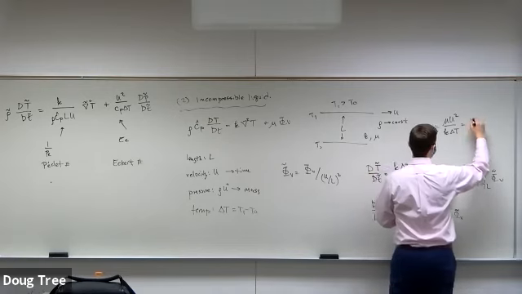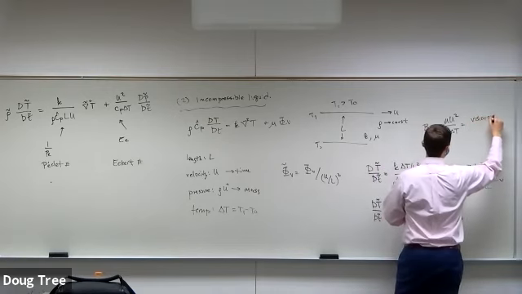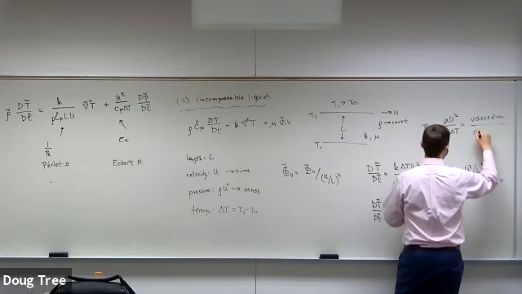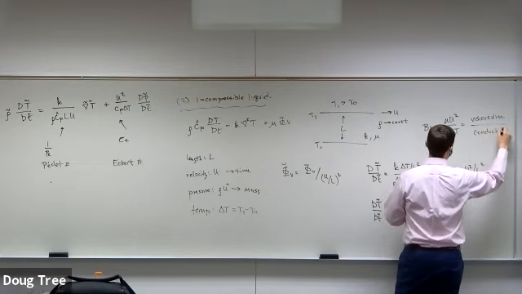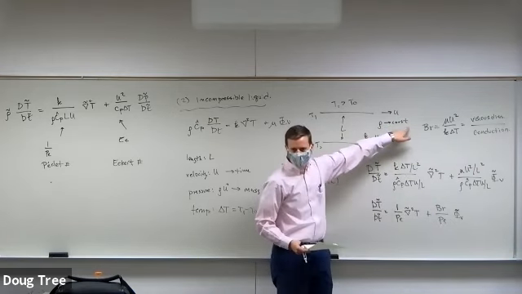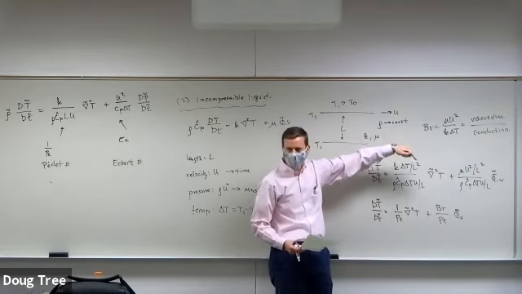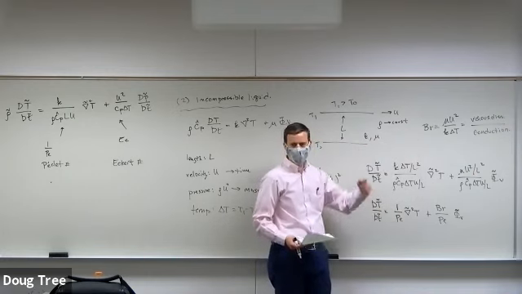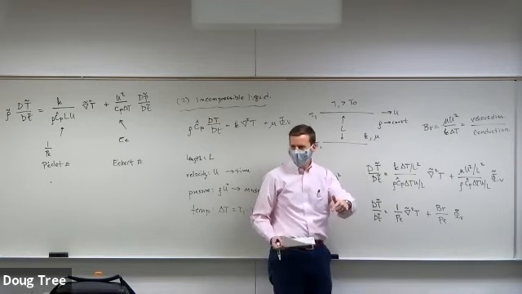Okay, so the Brinkman number is viscous dissipation divided by conduction. And so what's going on here is the Brinkman number is viscous dissipation by conduction or diffusion, and the Peclet number is convection divided by conduction.